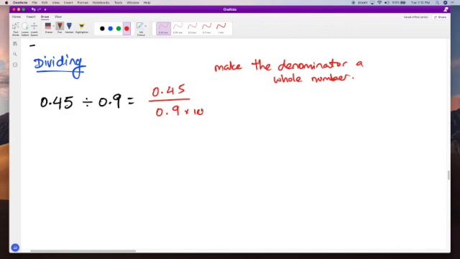And we'll have to do the same, multiply by 10 on the top. So what we'll actually get is 4.5 on the top divided by 9. And now we do the normal long division. 4.5 divided by 9. You can't go into it, so it's 0.